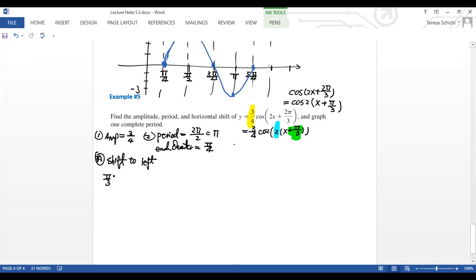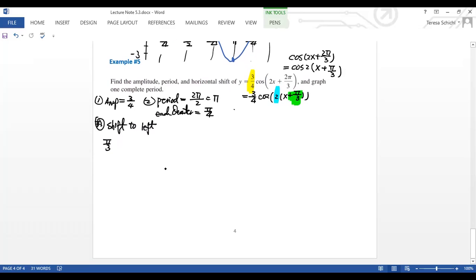So now let's start here. Here's the key: be careful, you need to let the x just be x plus or minus something. So if you have things mixed here, you need to factor out whatever is in front of the x to determine the period.